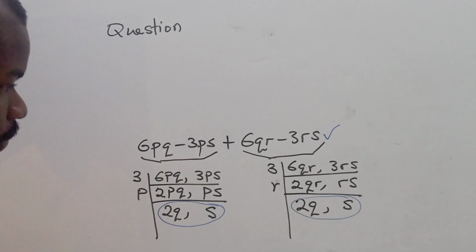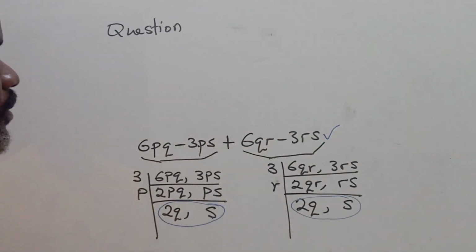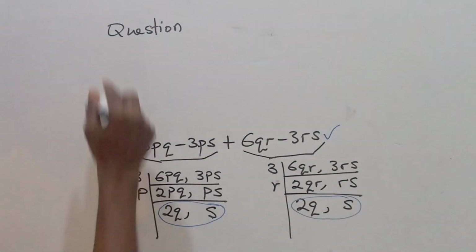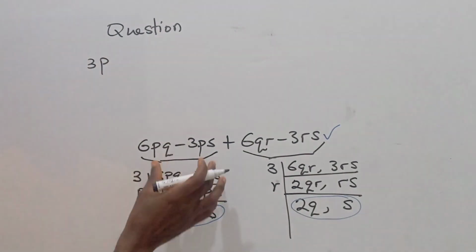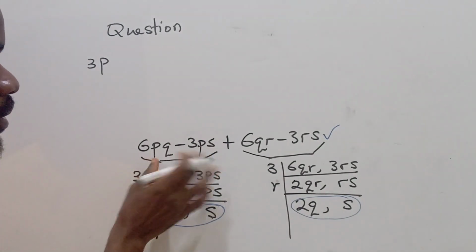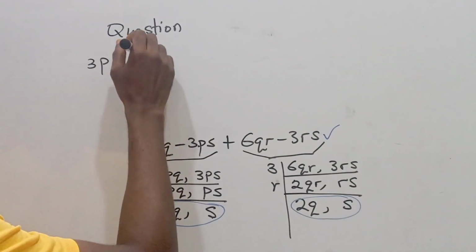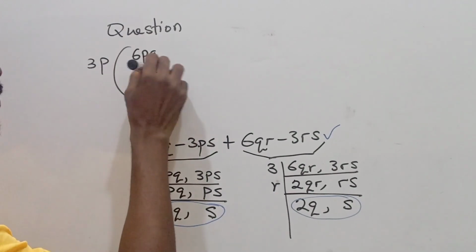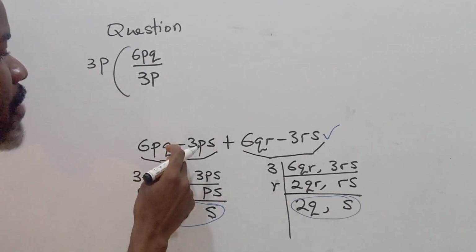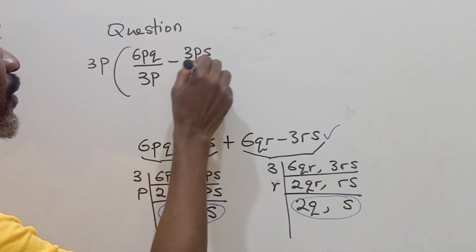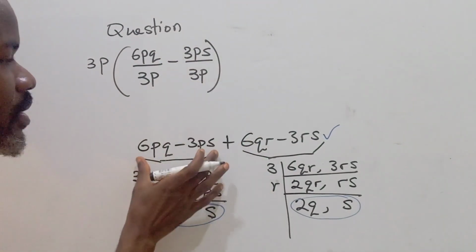What we are factorizing is this and this. So we have 3 times P, which is 3P. I'm going to write all this and divide both by 3P. So 6pq divided by 3p, minus 3ps also divided by 3p.